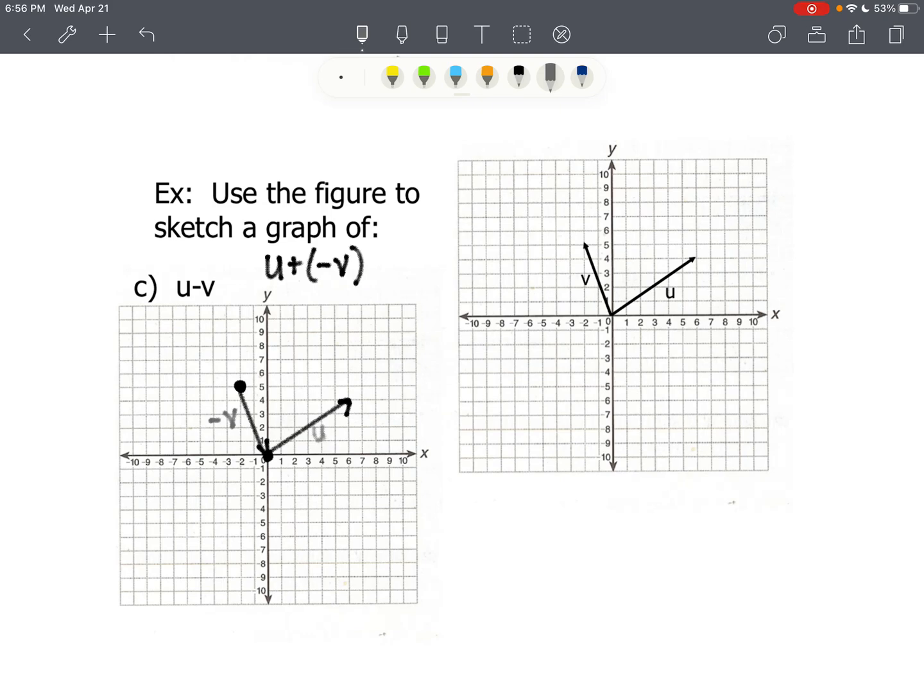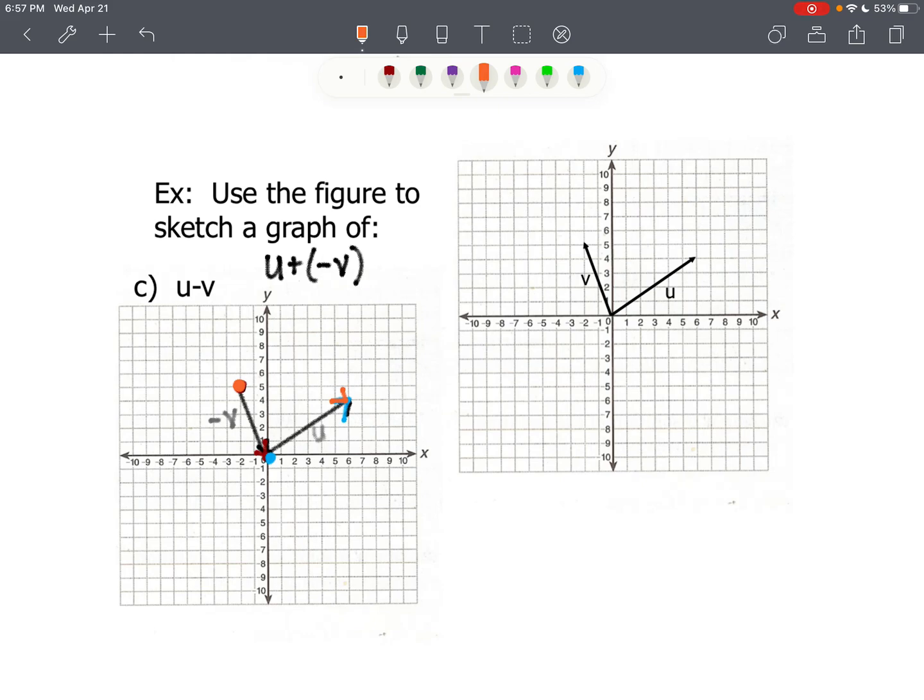And if I add those two together, now we have initial to terminal, and then initial to terminal. So we're going to start at the very beginning at the initial point, and then our ending is going to be at the terminal point.